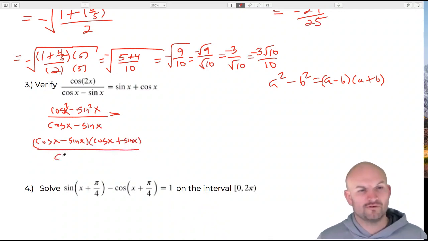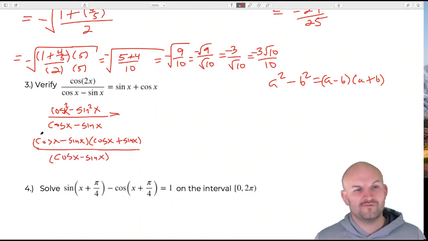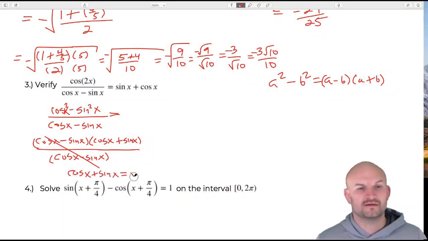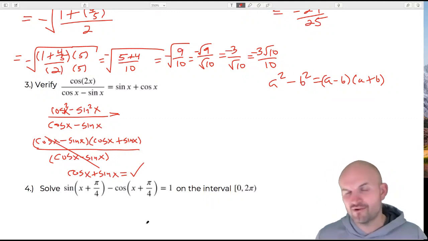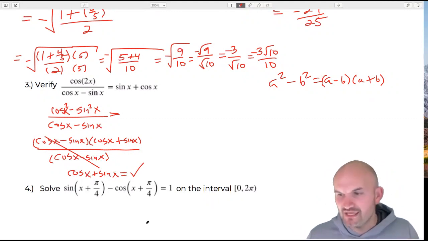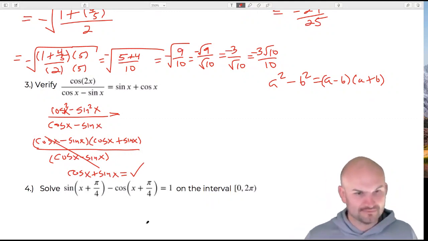And that's going to be all over cosine of x minus sine of x. And therefore, you can see those quantities divide out, leaving us with a cosine of x plus a sine of x. And therefore, you can see that's exactly what we have on the other side. Obviously, I just flipped it around, but that's okay because it's addition. So you can work in any kind of order.